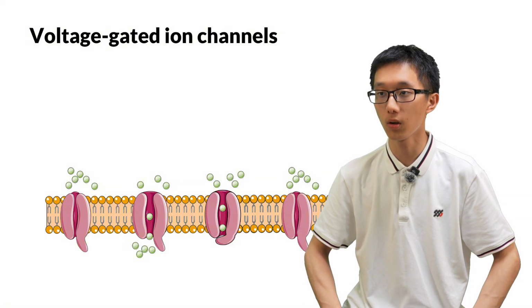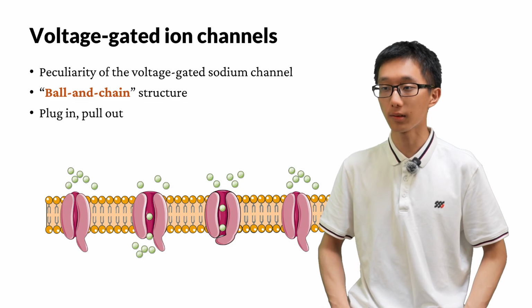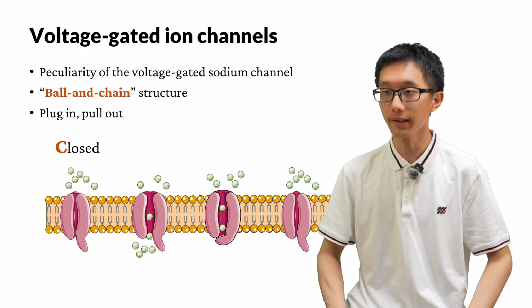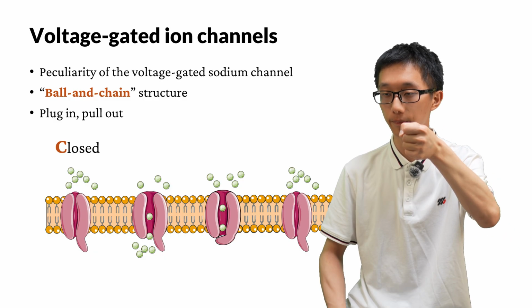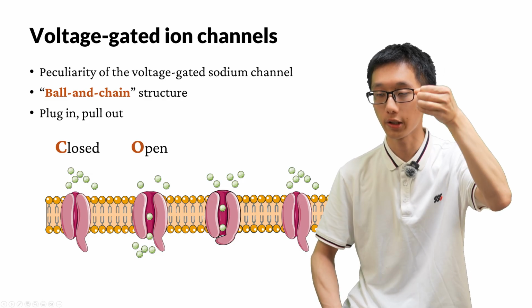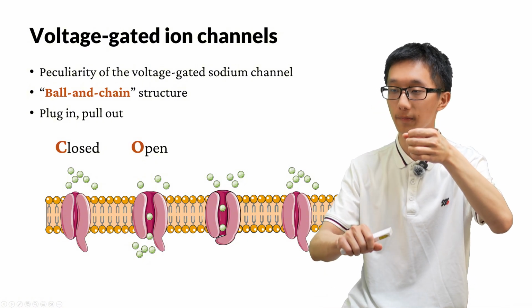Moreover, the voltage-gated sodium channel has one other interesting feature that other voltage-gated channels lack. That is the ball and chain structure. Thanks to the ball and chain structure, the voltage-gated sodium channel has 3 different states. The first state is the closed state, where the channel itself is closed. The second state is the open state, where the channel is open and the ball is freely dangling outside.